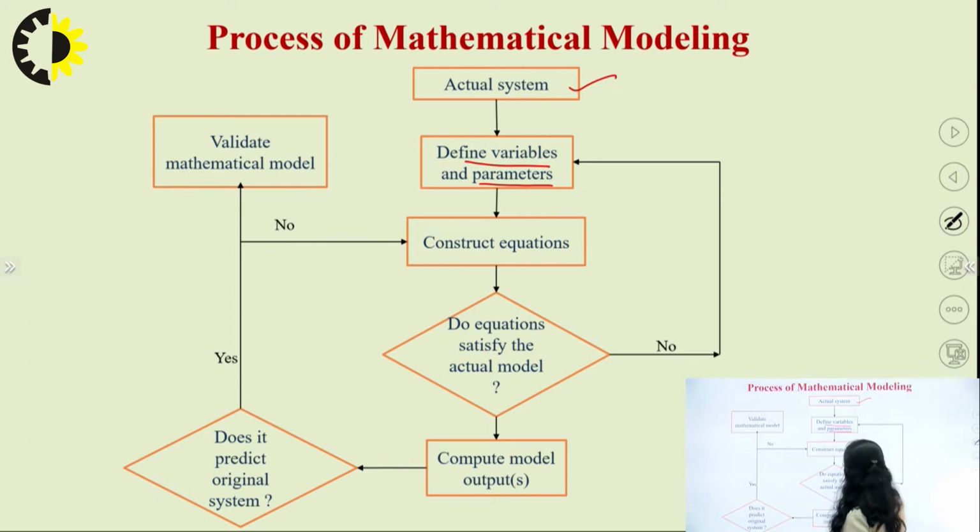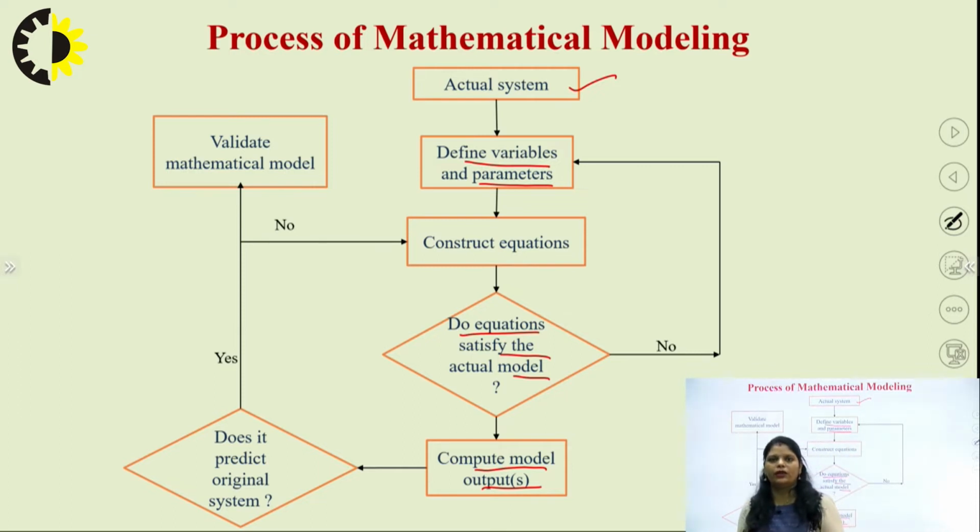After constructing the equations, we will check whether these equations satisfy the actual model or not, meaning they should include all the aspects of the system. If they satisfy the actual model, we will compute our model for the outputs.